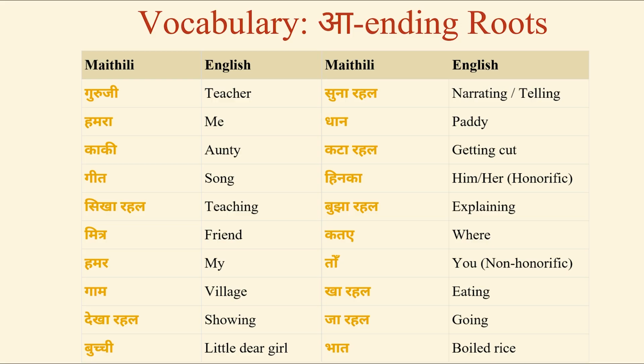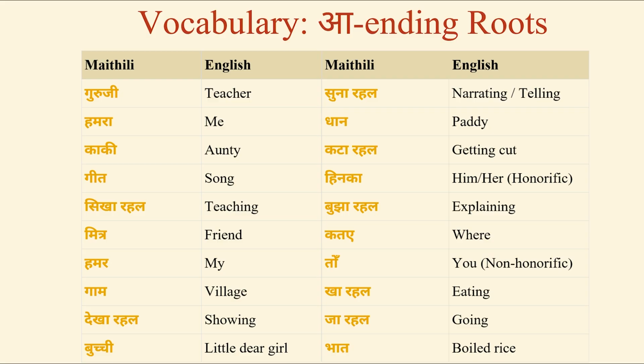So again, let's look at a few vocabulary items. Guruji is teacher. Suna rahal, suna is to tell, and suna rahal means narrating or telling. It's a continuous form. Hamra is object pronoun, me. Dhan is paddy. Kaki is auntie.